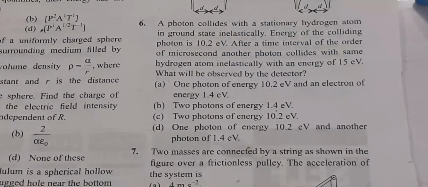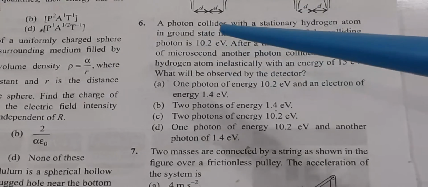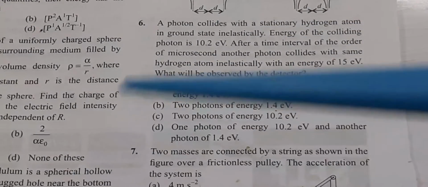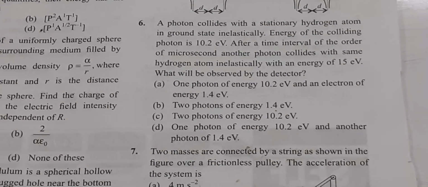So this photon cannot remove the electron. It will strike the electron and bounce back. I mean that photon will come out from the system with the same energy. It cannot eject out the electron from the hydrogen atom.